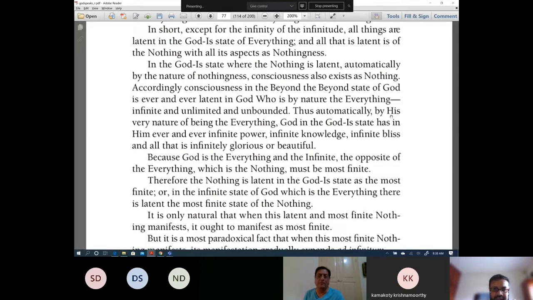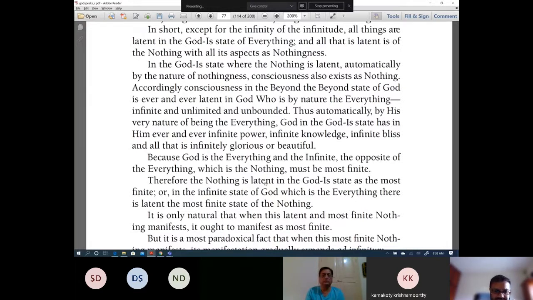Thus, automatically, by his very nature of being the everything, God in the God-is state has in him ever and ever infinite power, infinite knowledge, infinite bliss, and all that is infinitely glorious or beautiful. Because God is the everything and infinite, the opposite of the everything, which is the nothing, must be most finite.